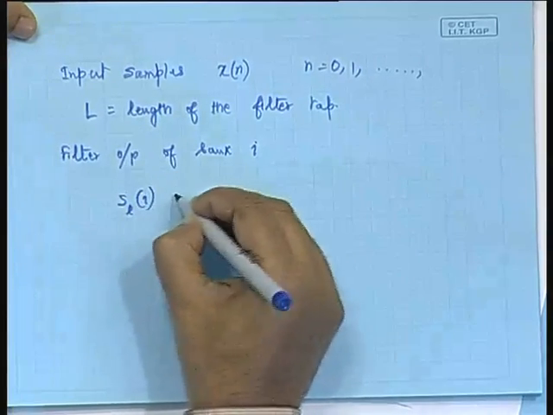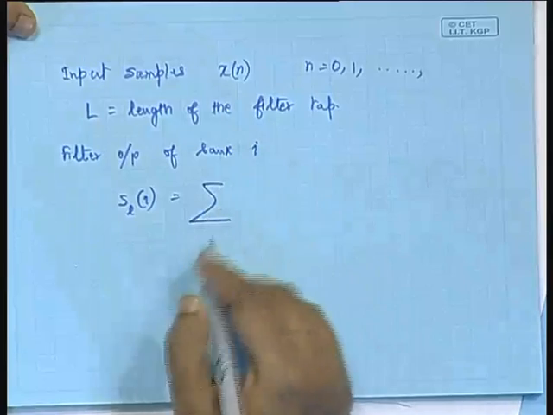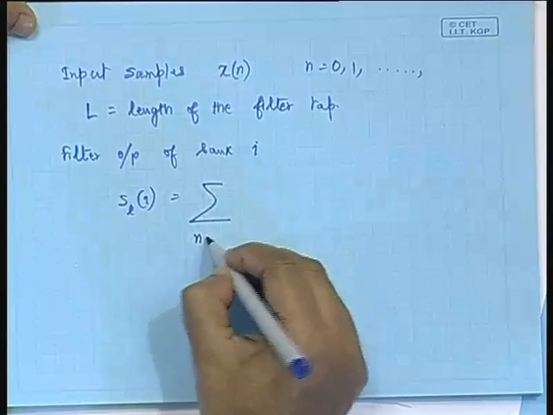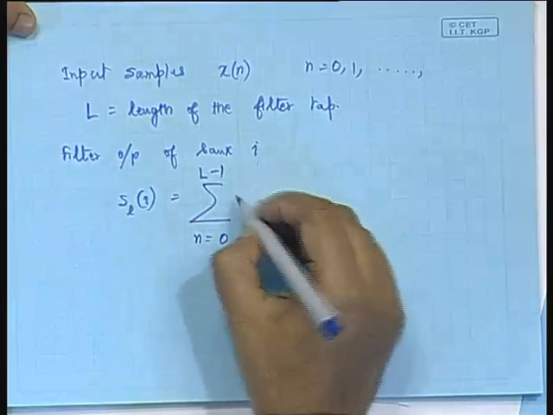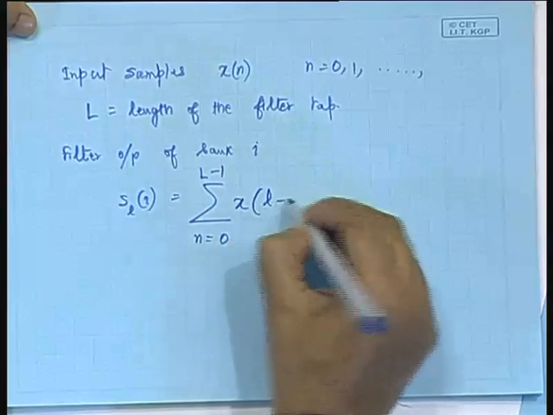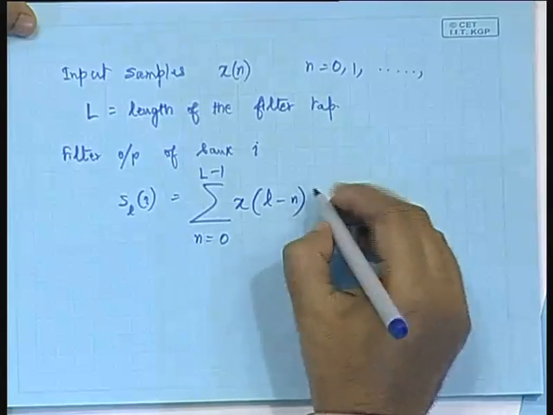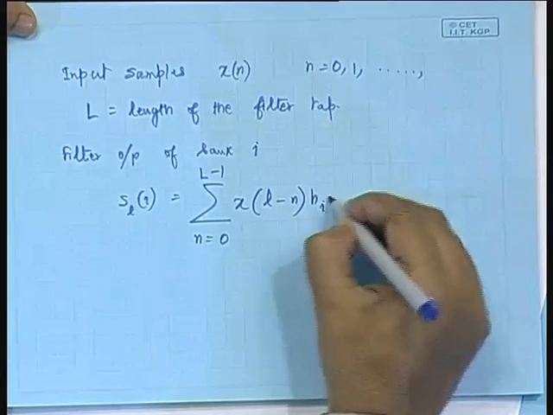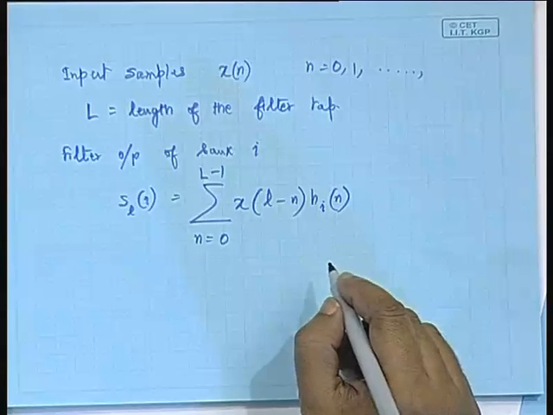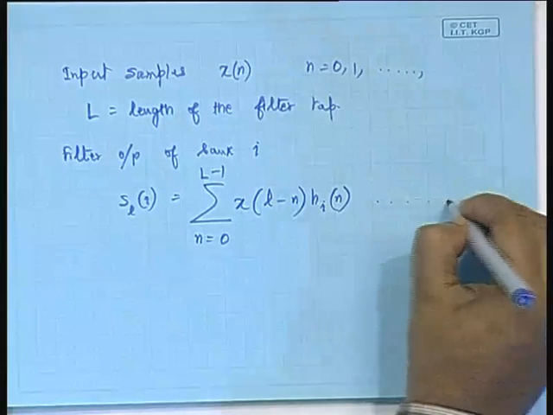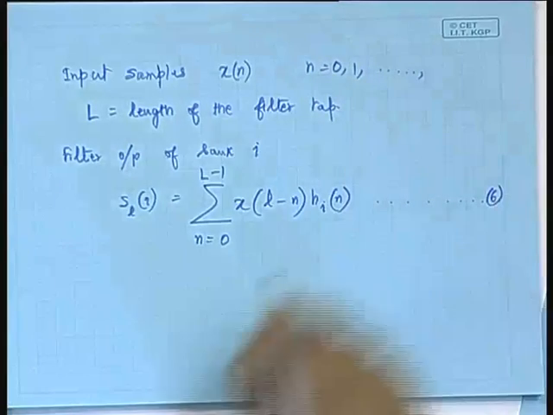s_L(i), that will be equal to the summation n equal to 0 to L minus 1 of x(L minus n) into h_i(n). Simply by the convolution we will be obtaining this. So, this is equation number 6.